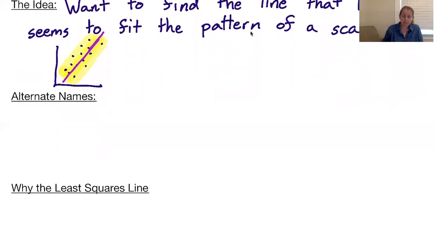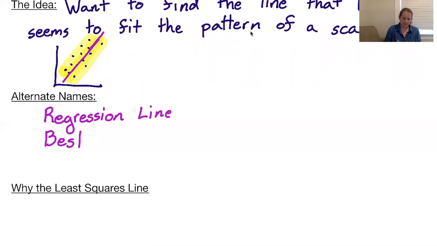The regression line has multiple names. So all of these are the same thing. We have the regression line, the best fit line, and the least squares line.